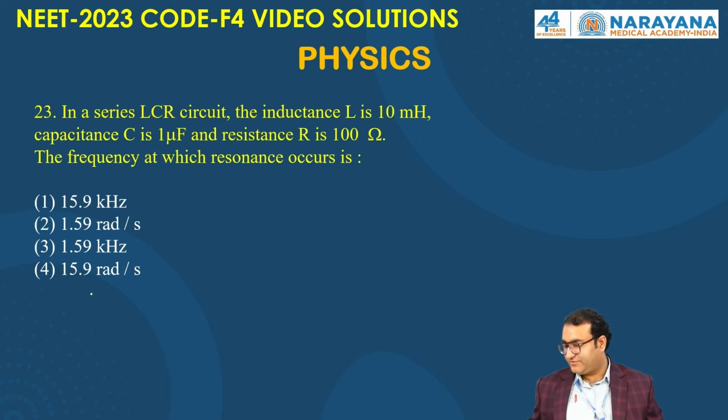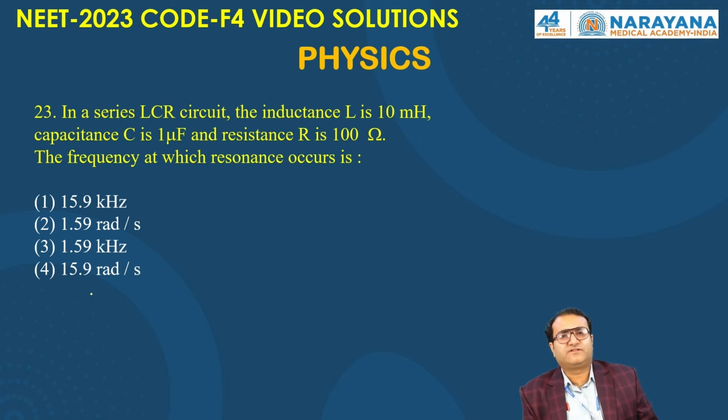Question number 23. Here in 23, as you go through the options, some options are in kilohertz and some are in radians per second. So when it is radians per second, find omega. If it is kilohertz, then find frequency.